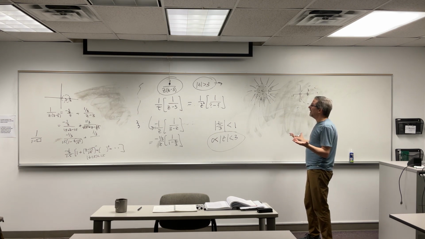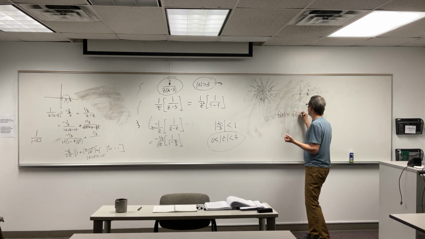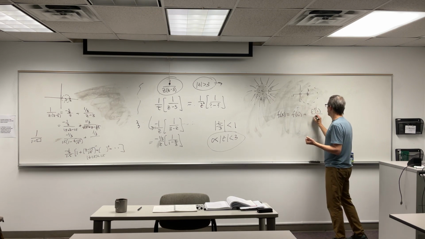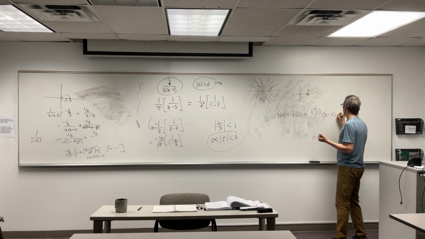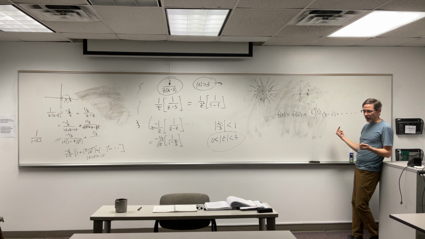And they just look different depending on the domain. I mean, think about a Taylor series in general. Just back in Calc 2, this series is going to look completely different depending on where I centered it.